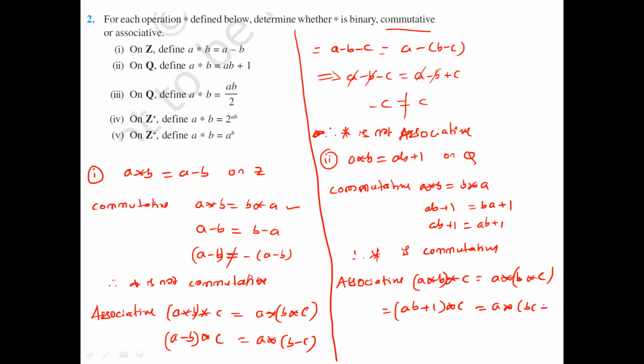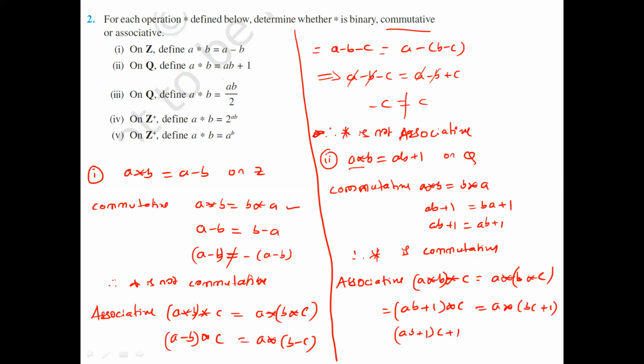BC plus 1. Now AB plus 1, this entire quantity acts as one quantity, star C. You multiply these two and add 1, so AB plus 1 into C plus 1.